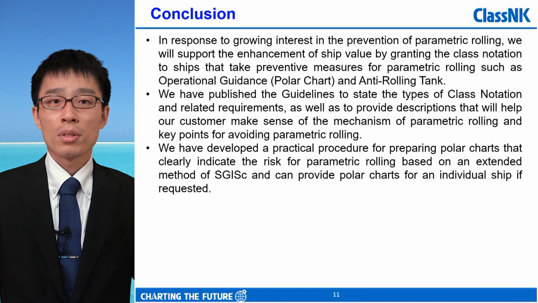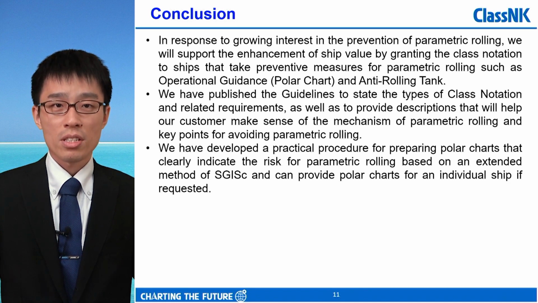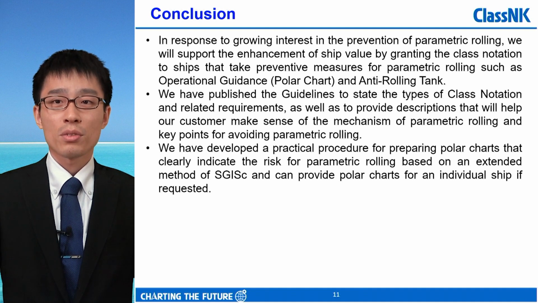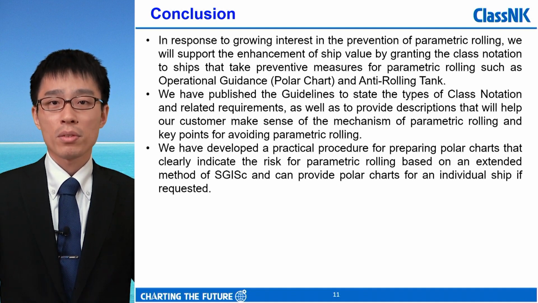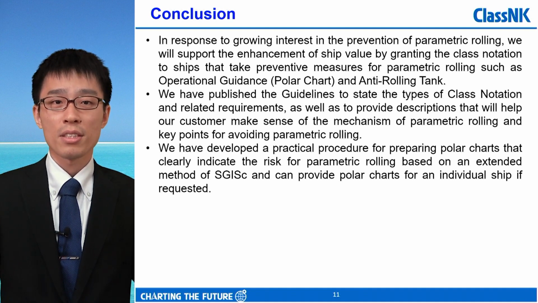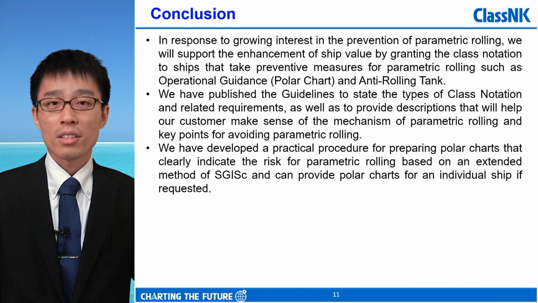We have developed a practical procedure for preparing polar chart that clearly indicate the risk for parametric rolling based on the extended method of SGISC, and can provide a polar chart if requested. And we are just planning to develop API that can link to the actual sea state and the ship information in real time as our future service.